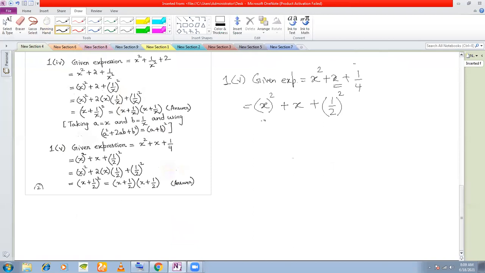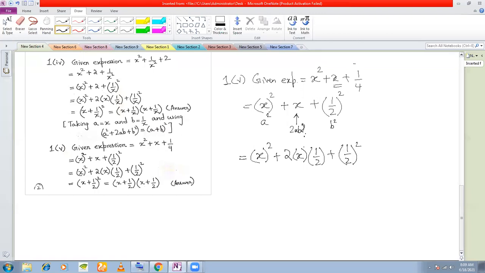So we have got our a squared term and we have got our b squared term. Now is this a 2ab term or not, we shall check in the next step. So this is our a squared term. So we write this as 2, a here is x, b here is half, and b square we write as it is.